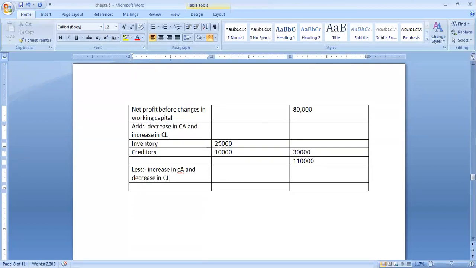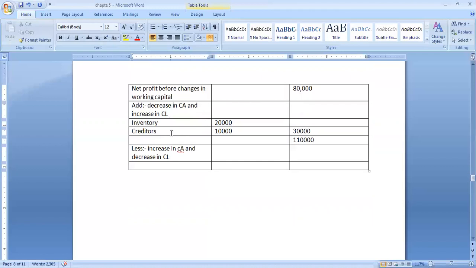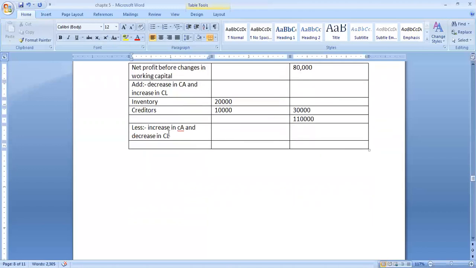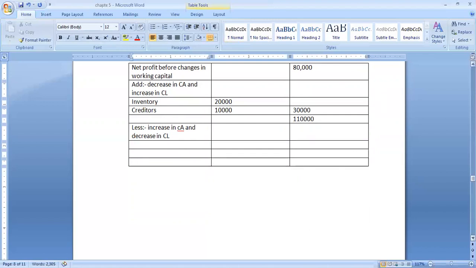So decrease in current assets and increase in current liability is going to indicate the inflow of cash. Increase in current assets and decrease in the current liability is going to impact the outflow of cash. Here, so now increase in the current assets. So what is the value of increase in the current assets?